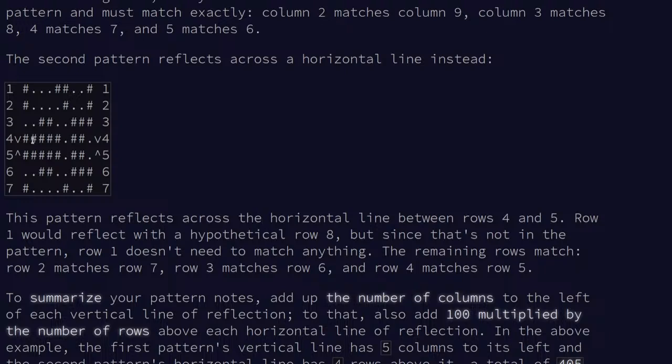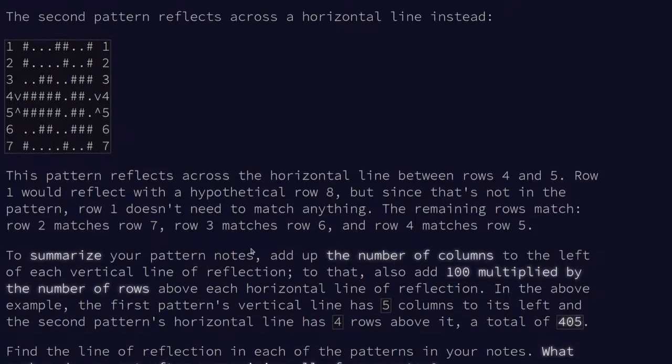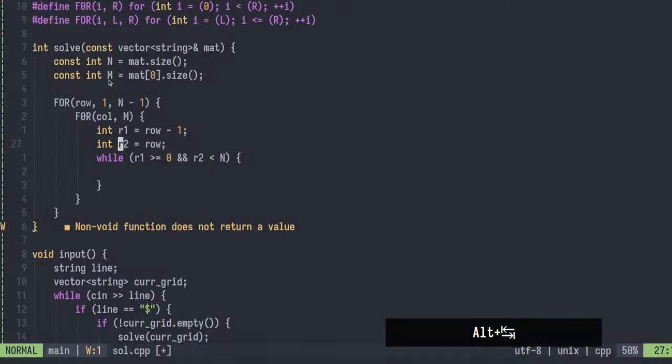We need to do what here? 5 columns. Four columns above it. Okay, fine.